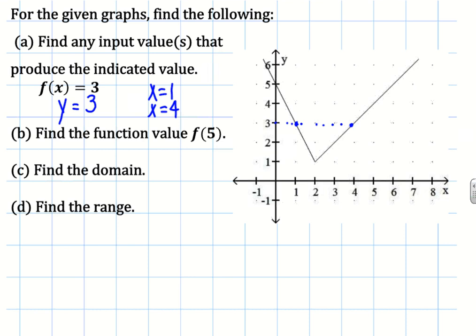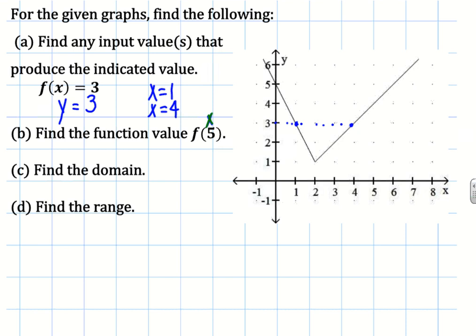Okay. Now we want to find the function value where we have f of 5. So that means x is equal to 5. So we're going to change colors, make that green.